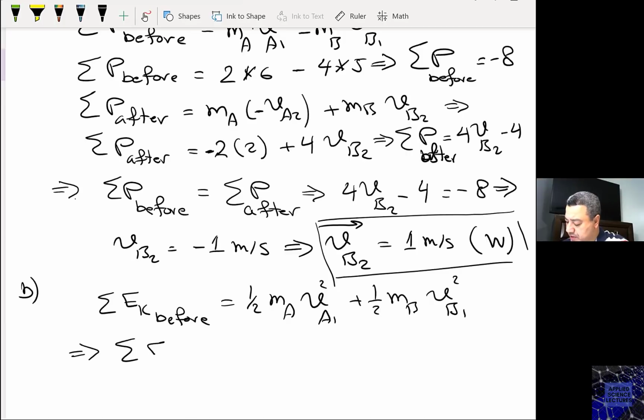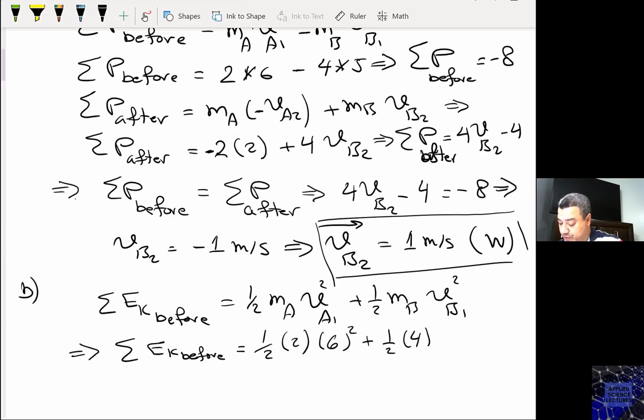Sigma Ek before becomes half 2 times 6 squared plus half 4 times 5 squared, and sigma Ek before equals 86 joules.